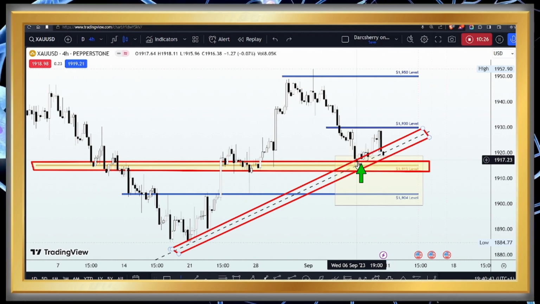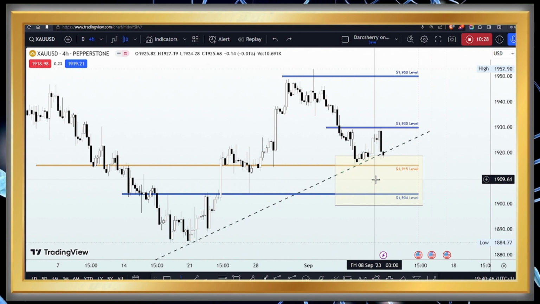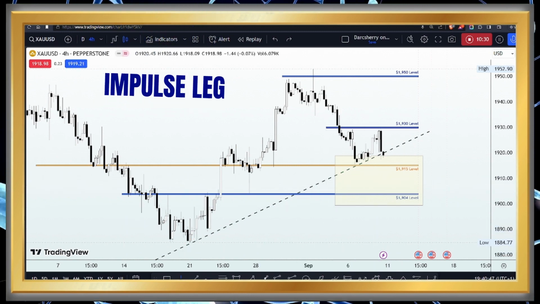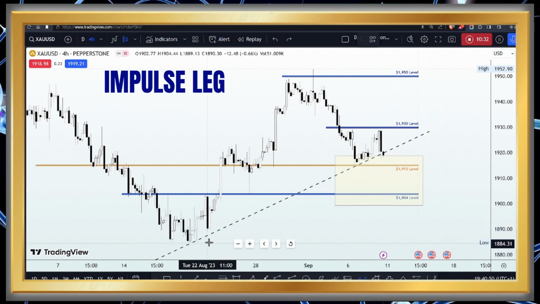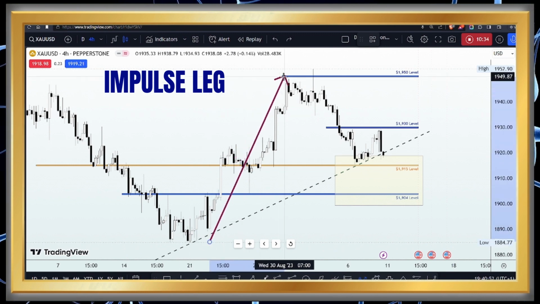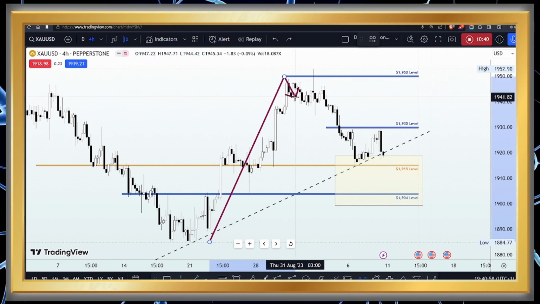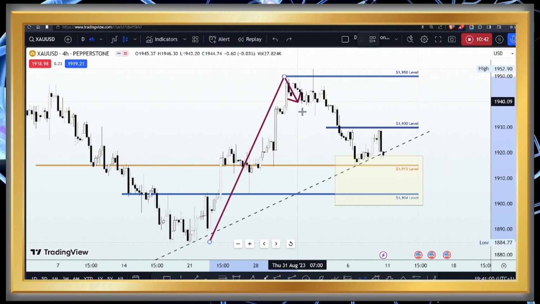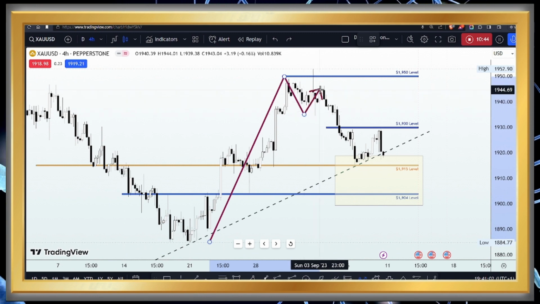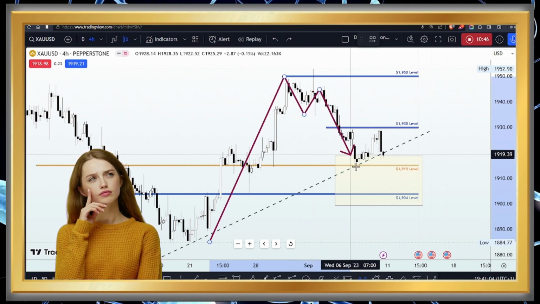Now, to take a further step to confirm the potentials of buyers here, I will be considering this impulsive move that you will see here. And of course, whenever we have an impulse leg like this, we expect at some point in time there will be some profit-taking activities going on in the market, which would reflect on the chart as a retracement phase.